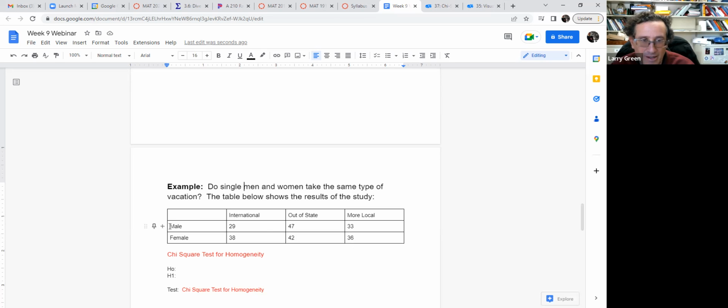But here we have two groups, the men and the women, and we don't know either of their distributions of travel types. We want to say, is their distribution the same as each other, but we don't know either of them. So it's not comparing a known to an unknown, it's comparing an unknown to an unknown. Any questions on that idea?